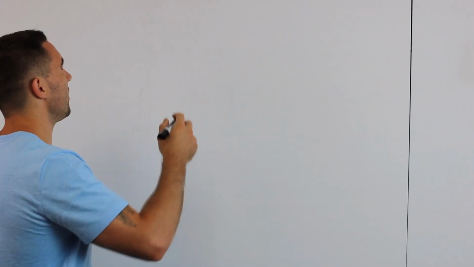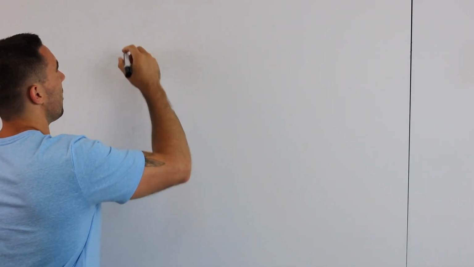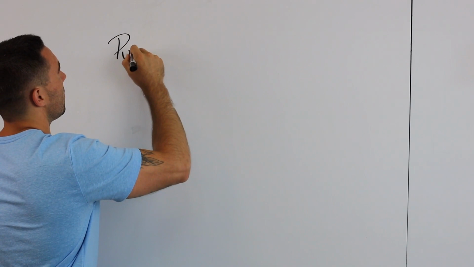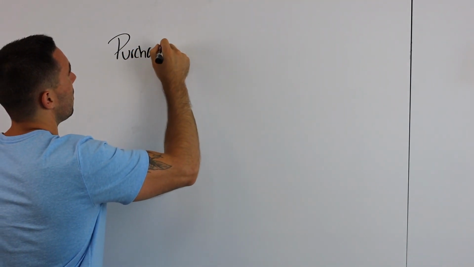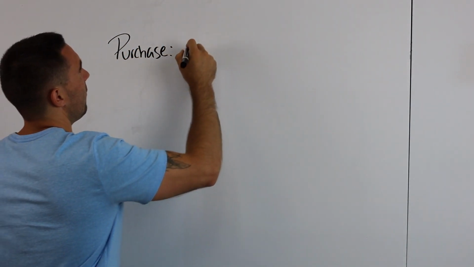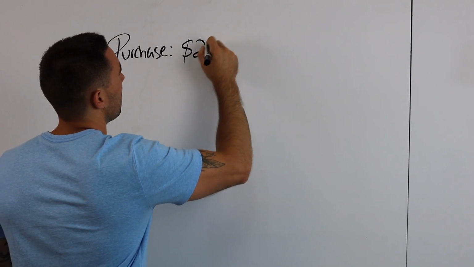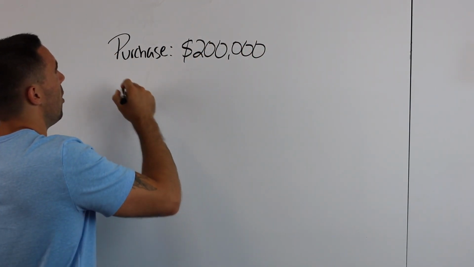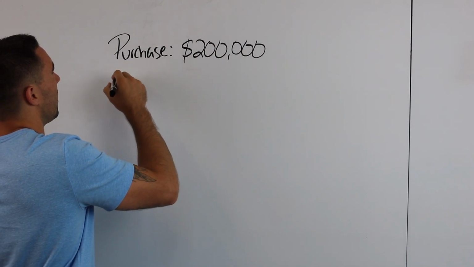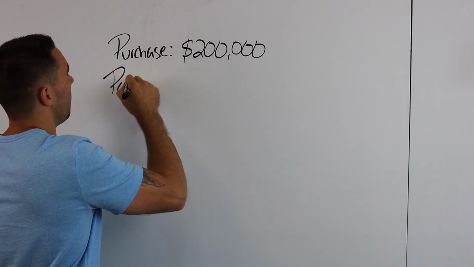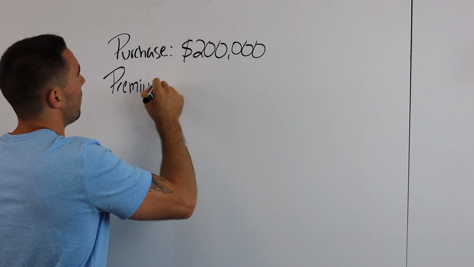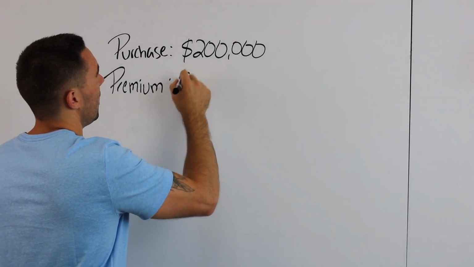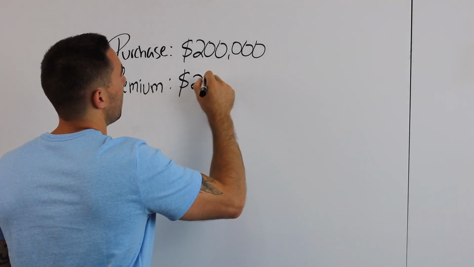Let's say that we agreed upon a purchase price with the seller of $200,000. We are then going to take it to market at a premium for, let's say, $250,000.